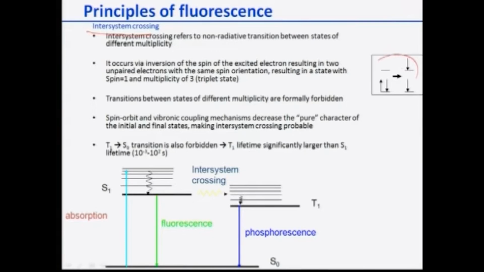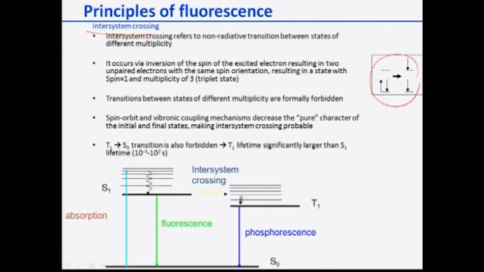So, this is what is required, and that requires intersystem crossing. What is that? It occurs via inversion of the spin of the excited electron, resulting in two unpaired electrons with the same spin orientation, and this leads to states with a spin equal to 1 and multiplicity equal to 3. That is what you see there, multiplicity of 3: 1, 2, 3.